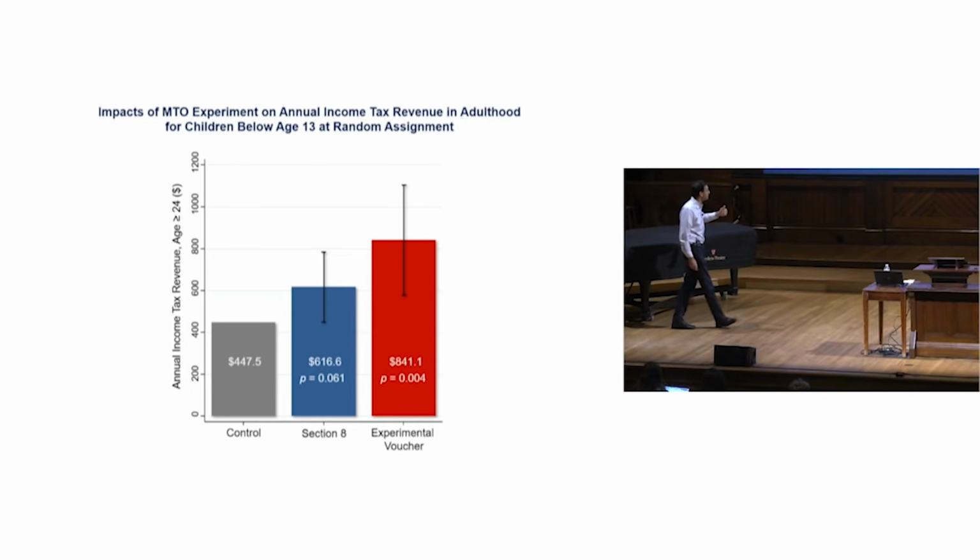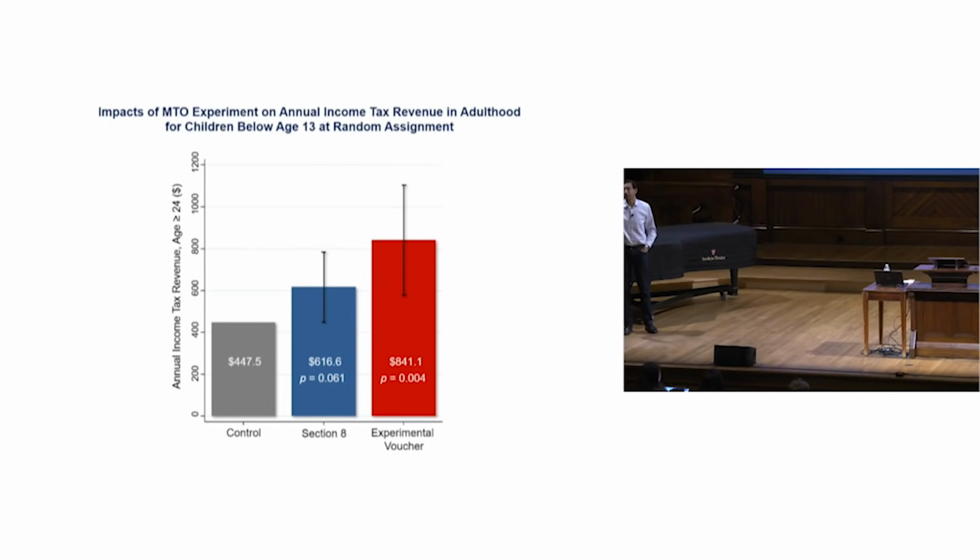And so what we're showing here is how all of those changes in kids' later outcomes end up benefiting the average American taxpayer. In particular, what we're showing is the average income tax that each of these kids pay in these 3 different groups. And you can see that on average, even in their mid-20s, kids who are in the experimental group are paying about $400 more per year in terms of income taxes than the kids who were in the control group.